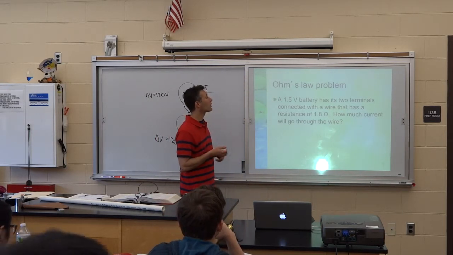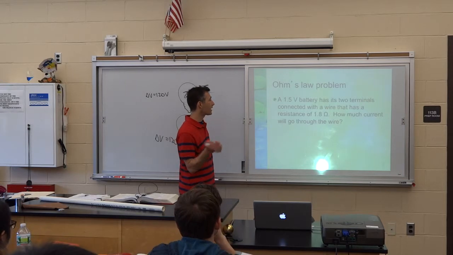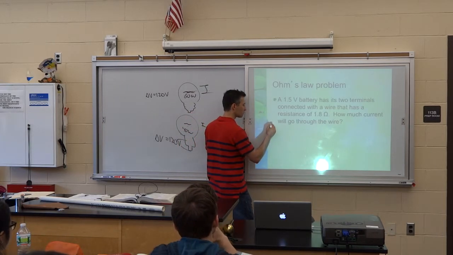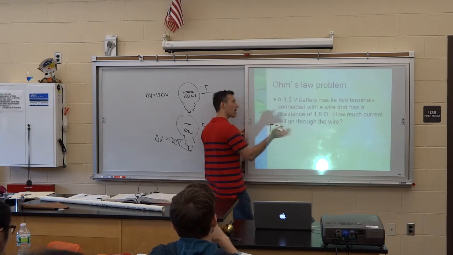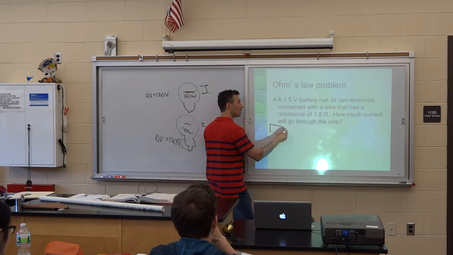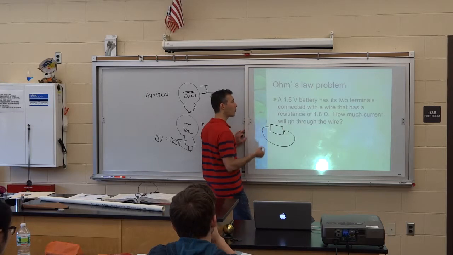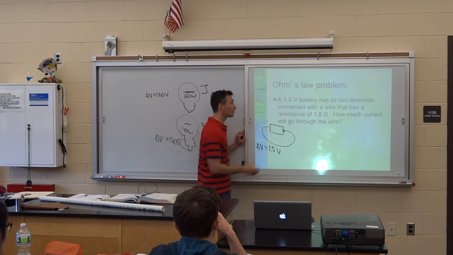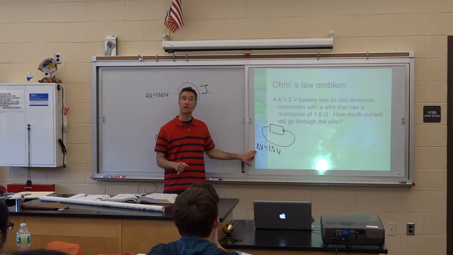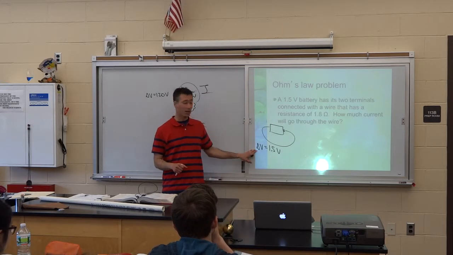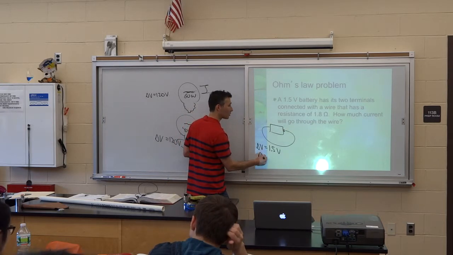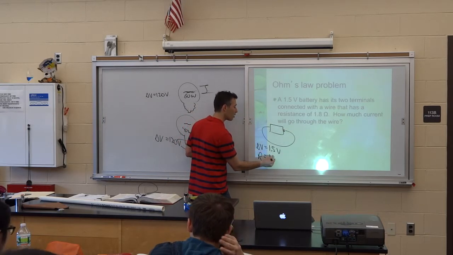So how much current would go through the wire if we did do that? So if I want to do a diagram, right, I can just draw the battery. I haven't showed you how to draw the proper circuit diagrams yet. I can connect the 2 ends of the battery with a wire. I can identify my potential difference, delta V, and you have to use delta V. You cannot use V, that's wrong. Okay? Delta V is 1.5 volts. The resistance, our newest variable, is 1.8 ohms.